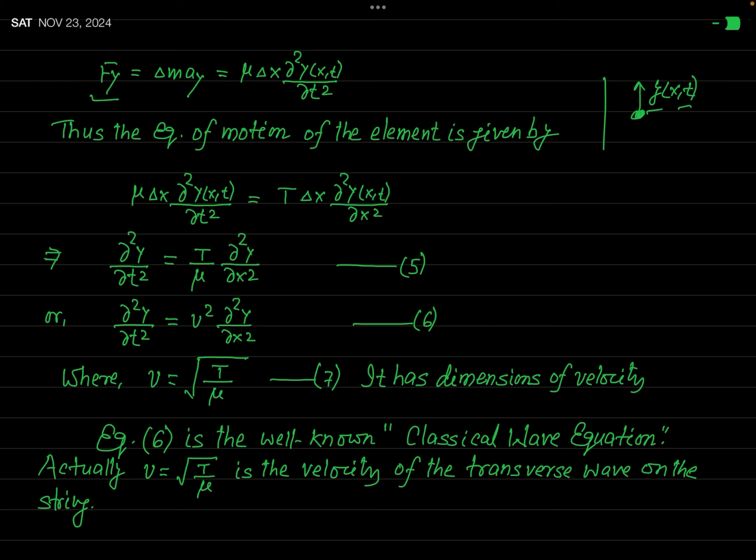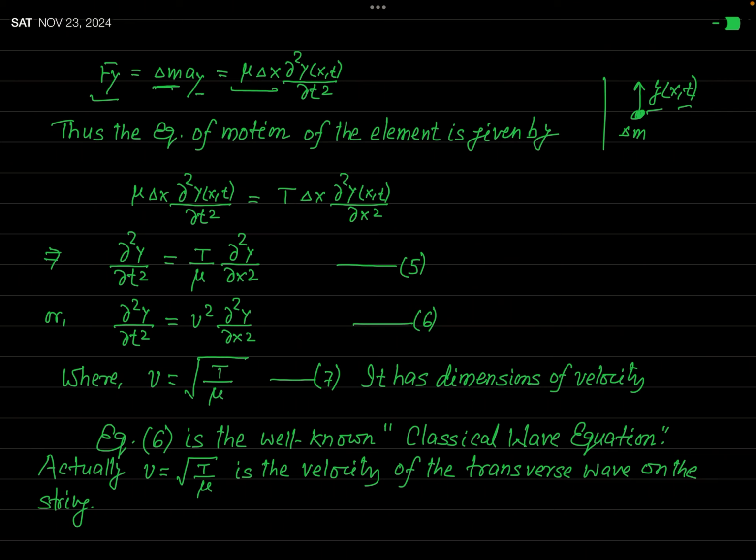So now we can find the value of Fy on the basis of Newton's second law of motion, which states that it will be equal to the mass of the element. I have assumed that delta m is the mass of the element, and Ay is its acceleration in y direction. But as I have shown just now, the mass of the element is simply mu times delta x, and the acceleration is the second order derivative of y with respect to t.